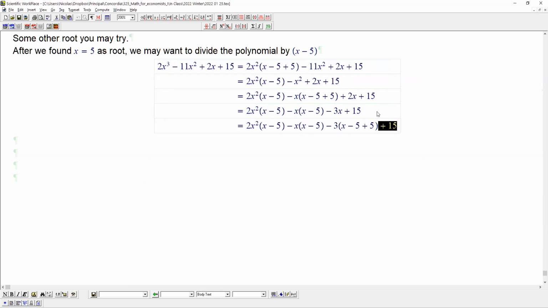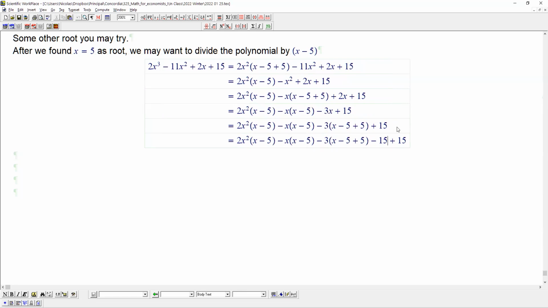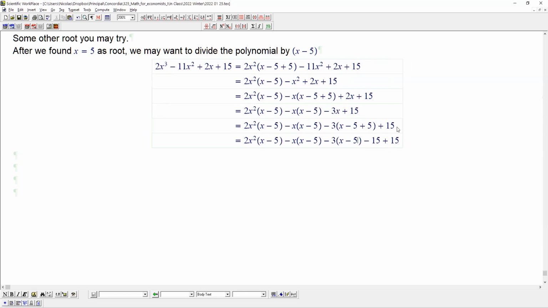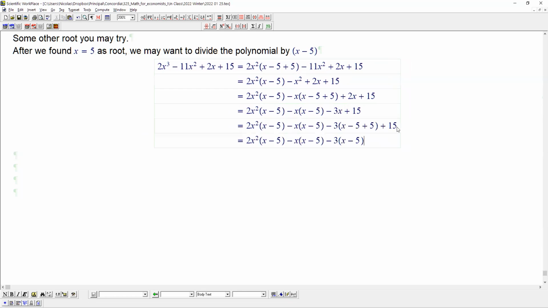Yeah, maybe that was unnecessary, but just to do all the steps. So minus 15 plus 15, that's 0. I could just have said this is minus 3 times x minus 5.